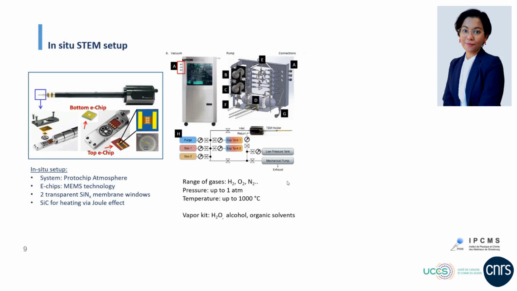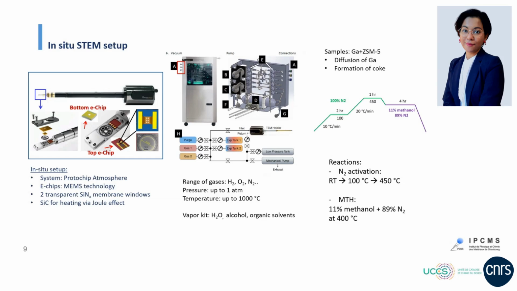What's interesting about this particular study is that the use of the vapor kit has allowed us to introduce vapor of methanol, or in other cases, other alcohols or organic solvents. In our case, we carried out observation on gallium physically mixed with ZSM5. Our interest was to see the diffusion of gallium and formation of coke.